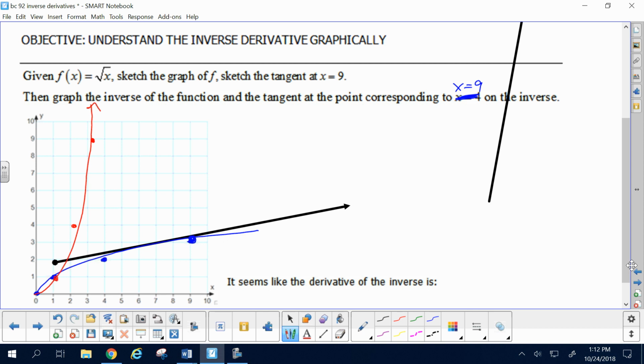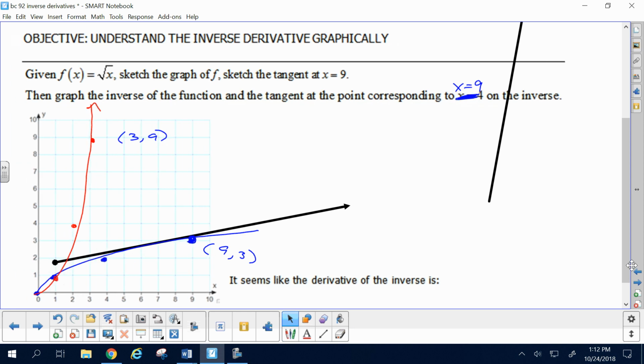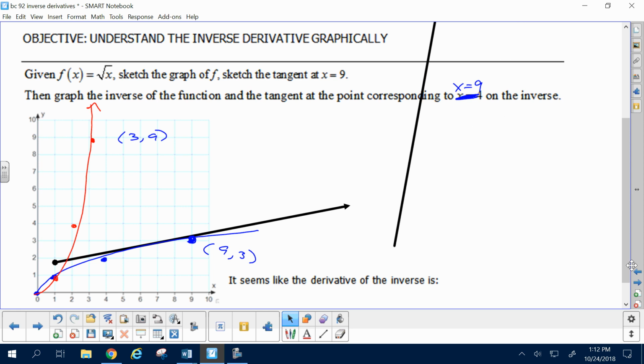And so instead of focusing on the point 9, 3, let's look at what's going on at the mirror image 3, 9. And if I look at the slope at 3, 9, okay.